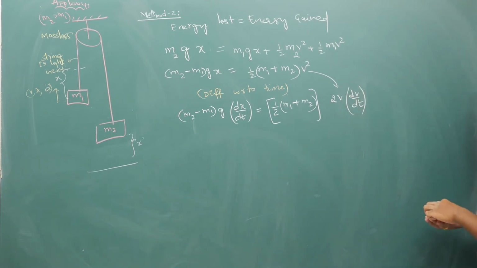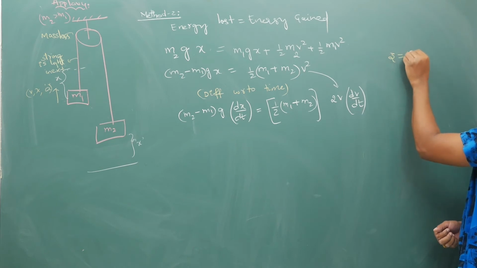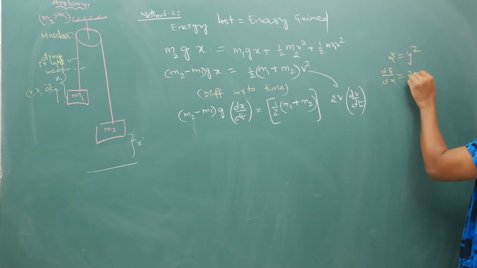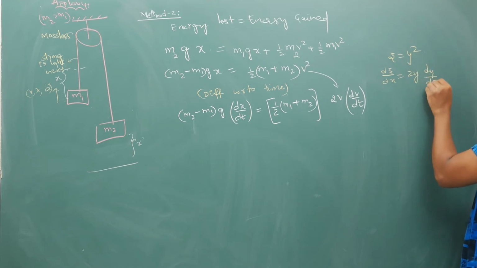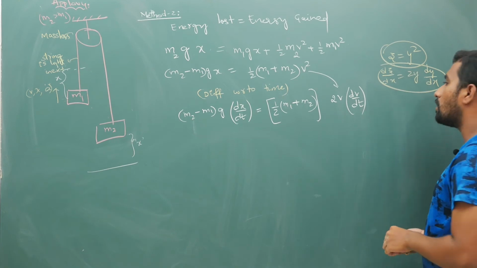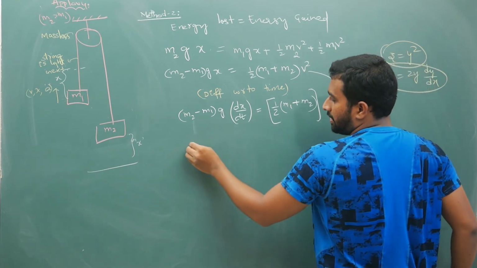My point is, if you have some z equal to y square, your dz by dx is 2y times dy by dx. This is called the chain rule of differentiation. Please do watch my previous videos if you have any doubts.